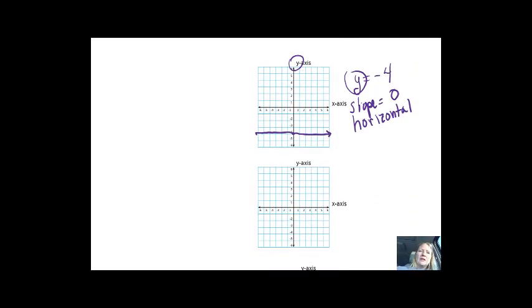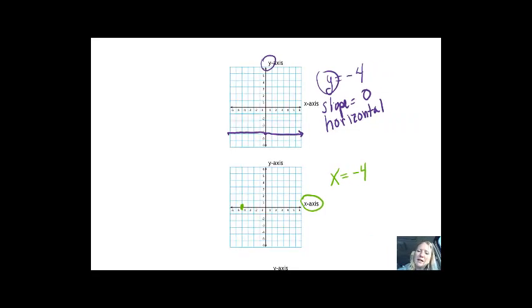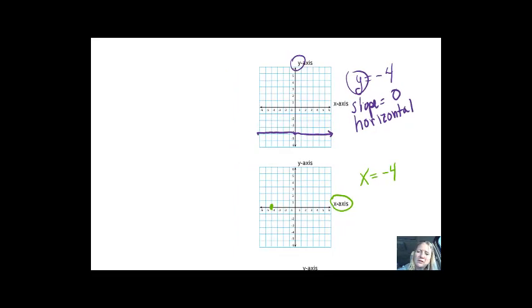So if I try it with x, x equals negative 4. So that's the x-intercept, so I go on the x to negative 4. And I put a point 1, 2, 3, negative 4 right there. Every x is negative 4. So that means this is going to be a vertical line, so that x is always negative 4.